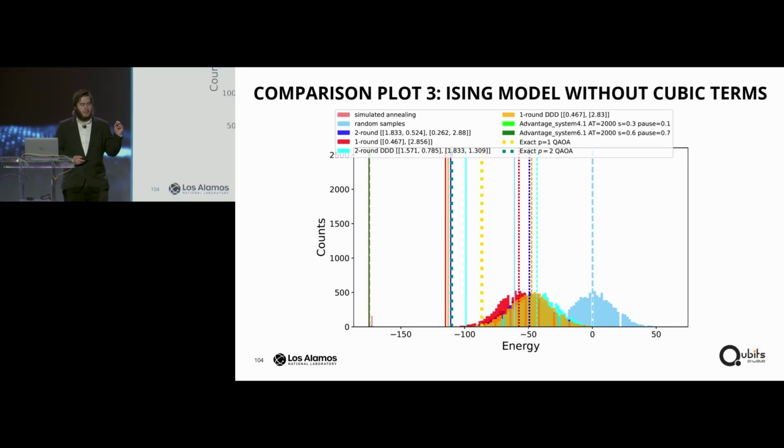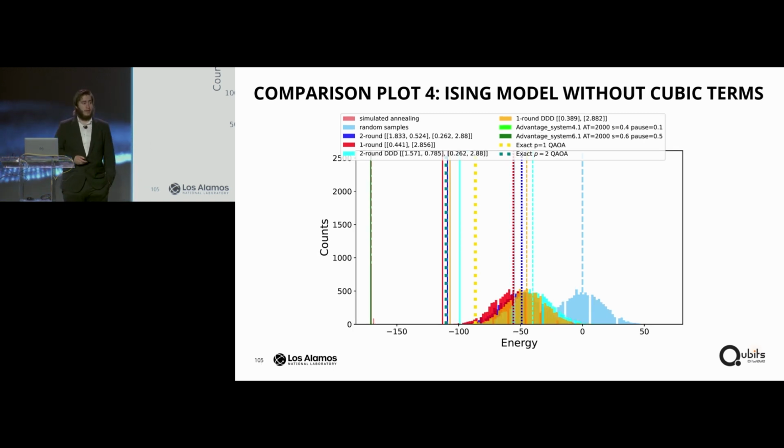But again, here we see quantum annealing and simulated annealing perform very similarly, random sampling centered at 0, and QAOA performs worse than random sampling and better than quantum annealing. And here's a 4th example, again, same trend.